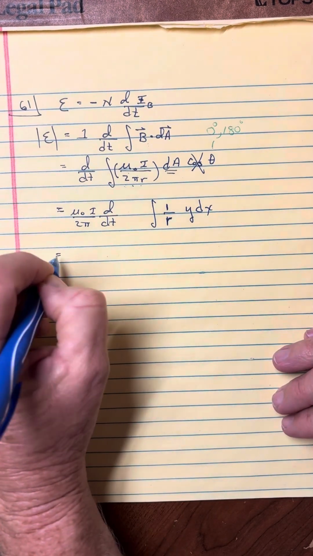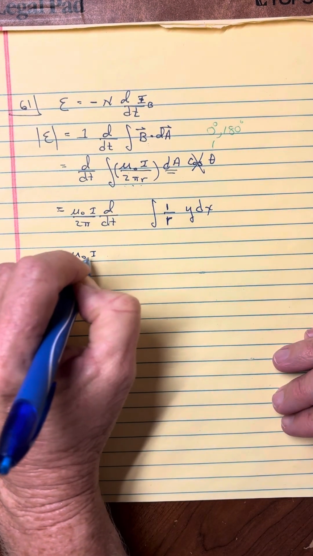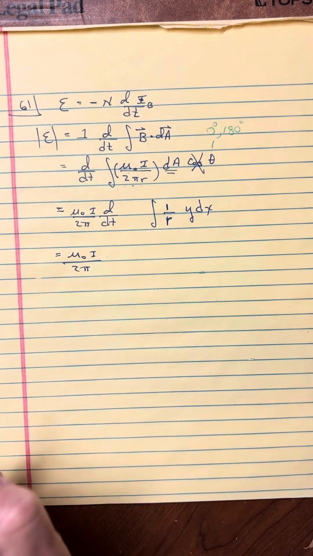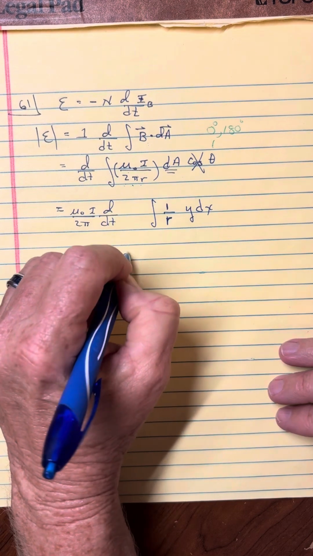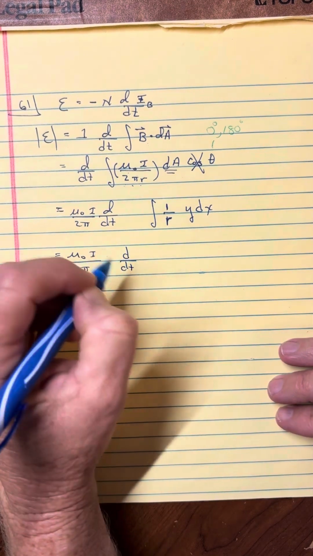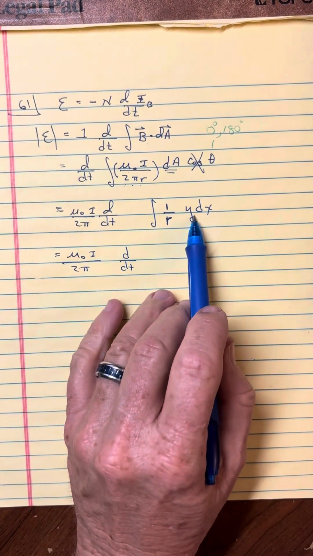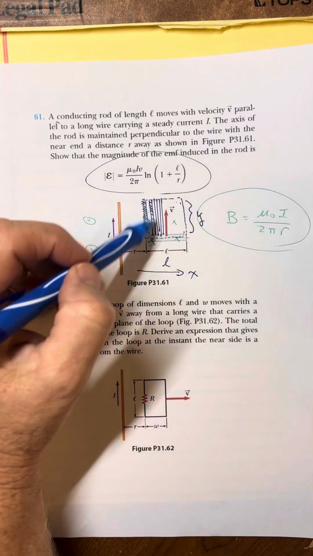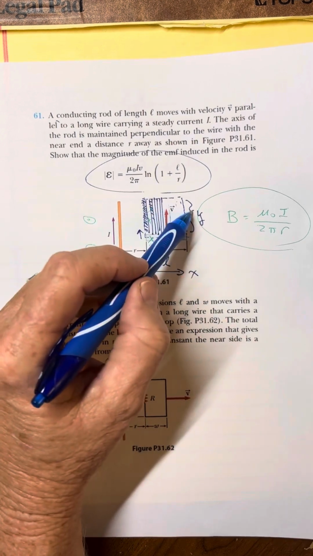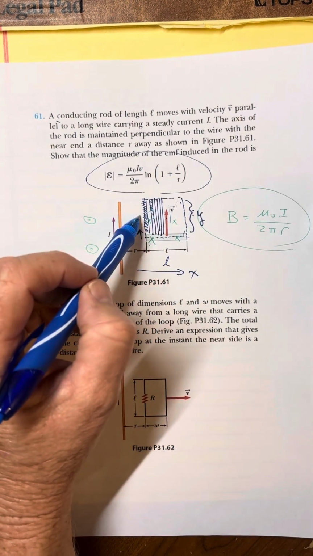Okay, mu naught I over 2 pi. Because looking closely at this, and maybe I'll start with the y, for every strip I add up, the y is the same value.